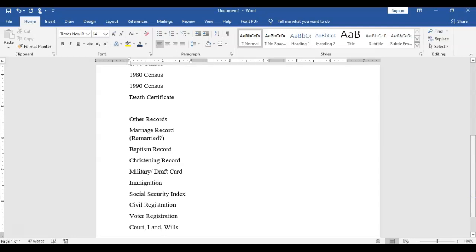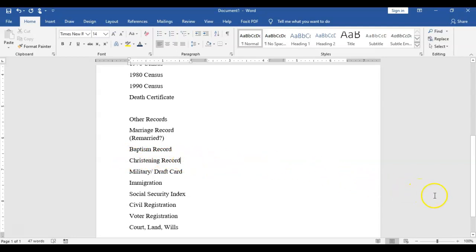I started with my grandma, and I went through and made sure she had every single one of these. Now, my grandma didn't serve in the military, so I know that there's not a draft card or a military card for her, so I can immediately cross that one off. I know that my grandfather was never christened because he wasn't a part of the Catholic Church, so I can automatically cross that one off.